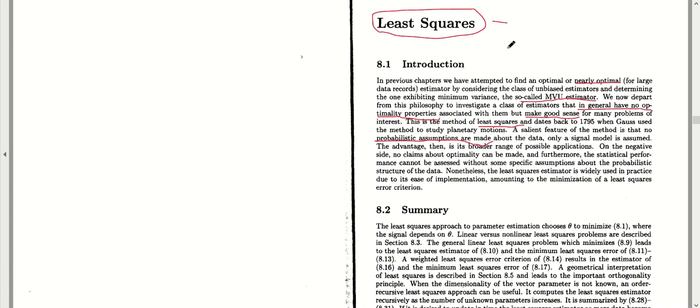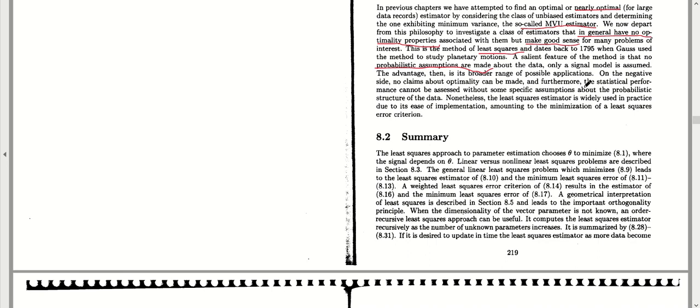If you don't have probabilistic assumptions about the data or the noise, then it looks complicated. But in many practical applications, we don't have any probabilistic idea about the noise or the data. In such cases, this turns out to be a good thing in practice.